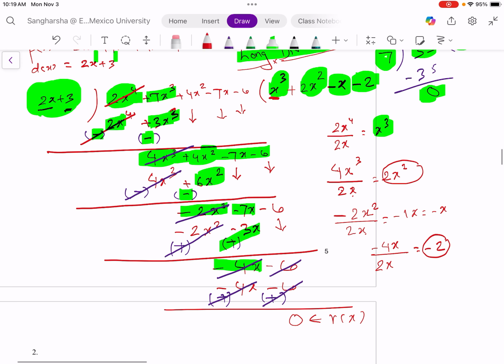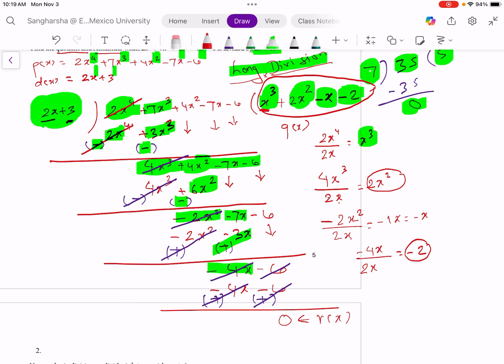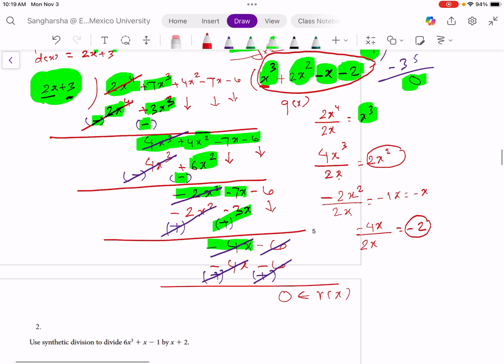Okay, this is our quotient q of x. So our remainder is 0 and the quotient is x cubed plus 2x squared minus x minus 2. Okay, any question up to here?